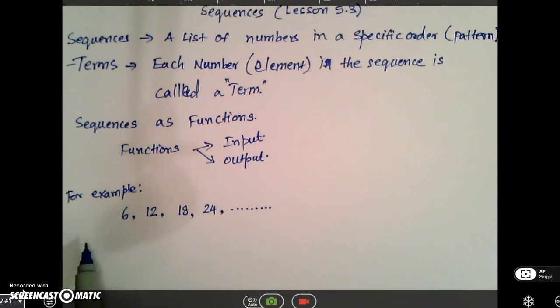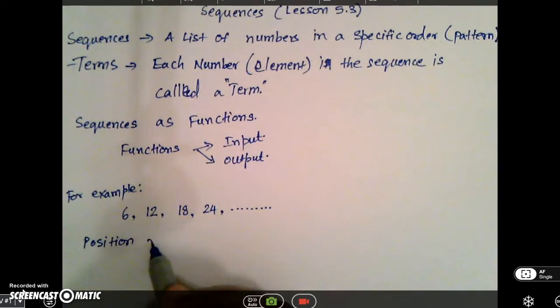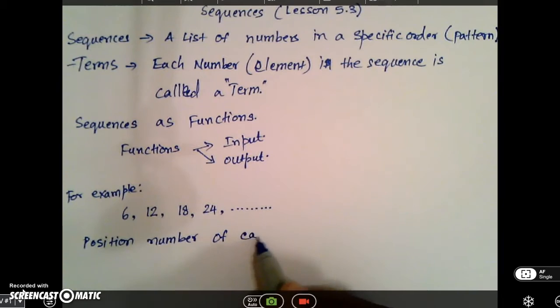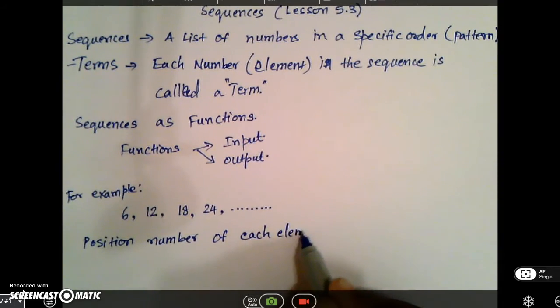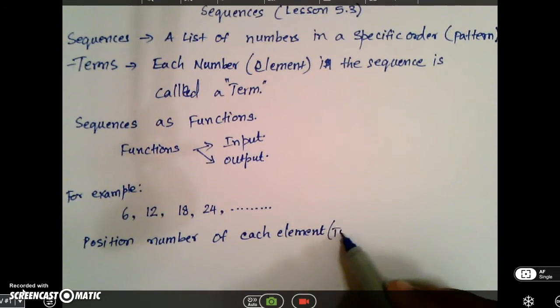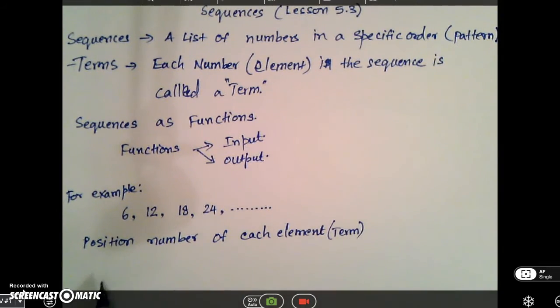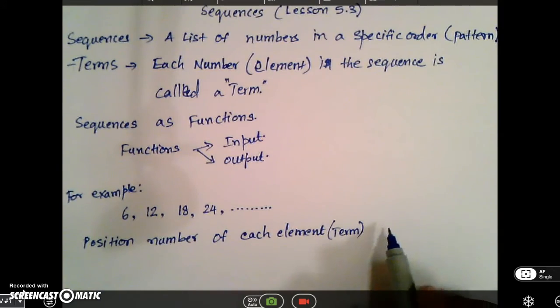So the two things that we talked about that are associated with my sequence, the first thing is my position number of each element or term.